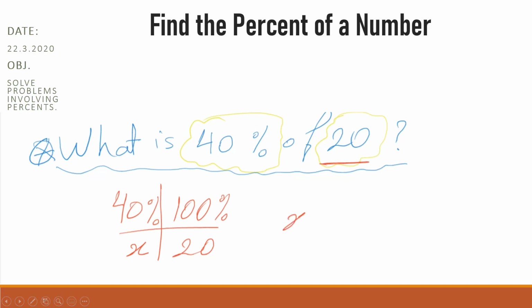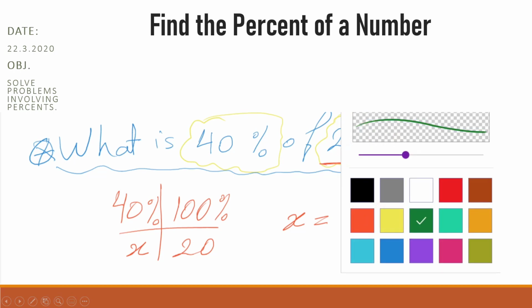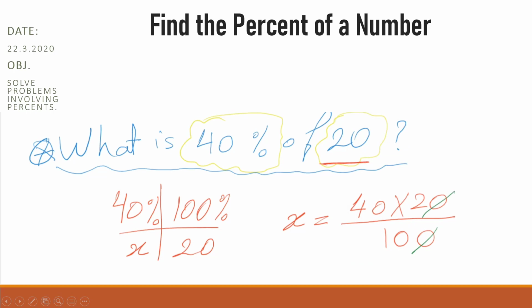So to find x, we're going to multiply 40 by 20 and divide by 100. Simplify that. Remove this 0 and also this 1. So it's 4 multiplied by 2, which is 8. So the final answer is 8.